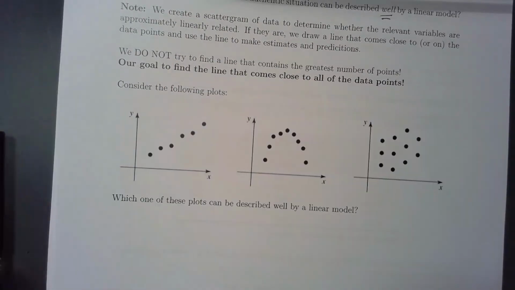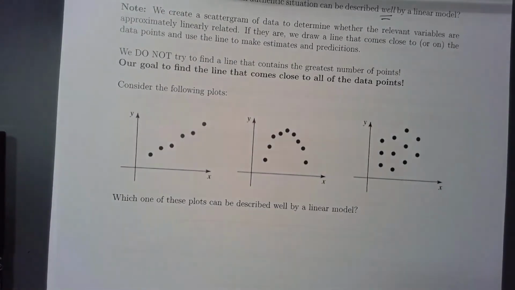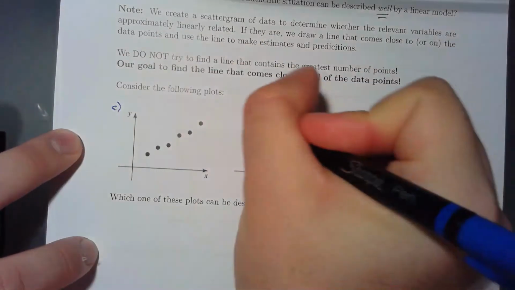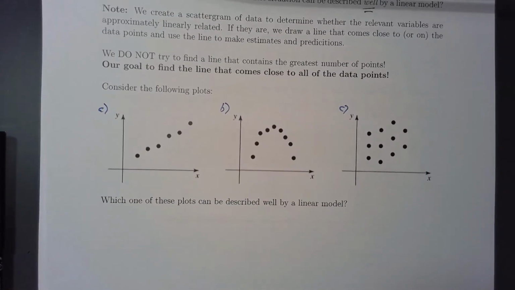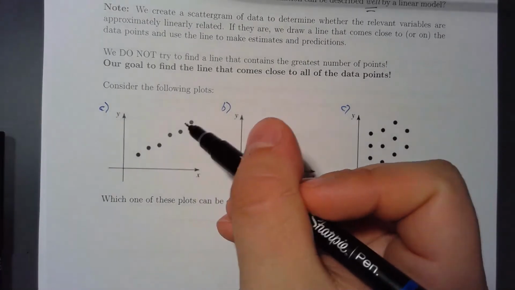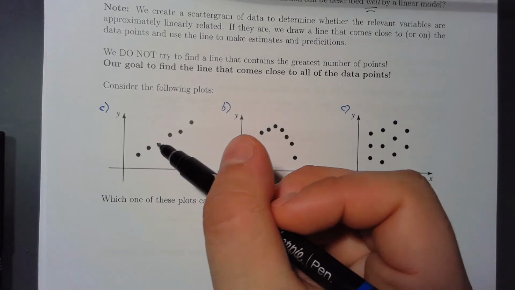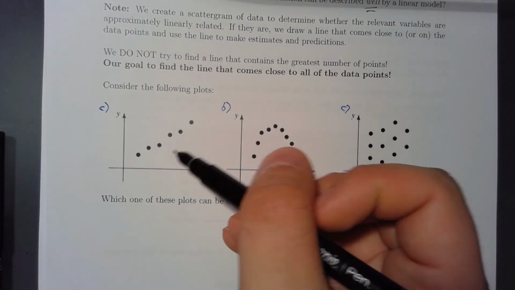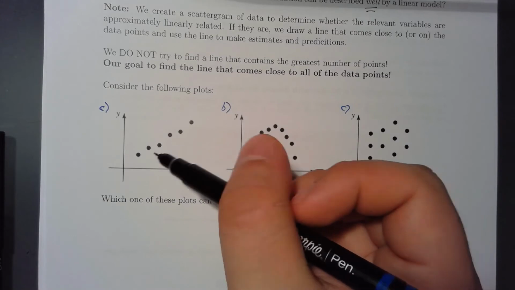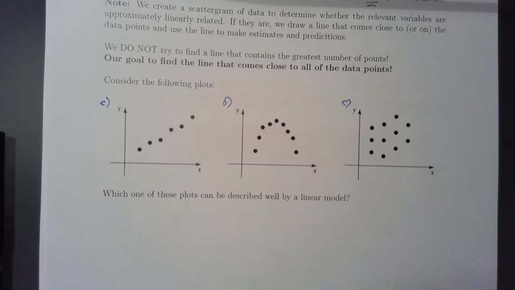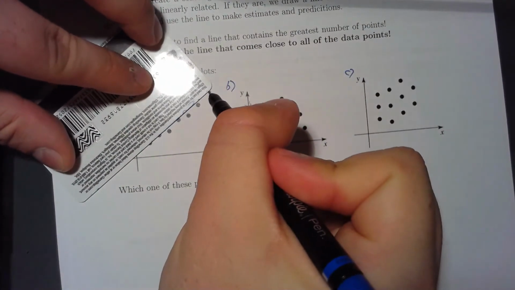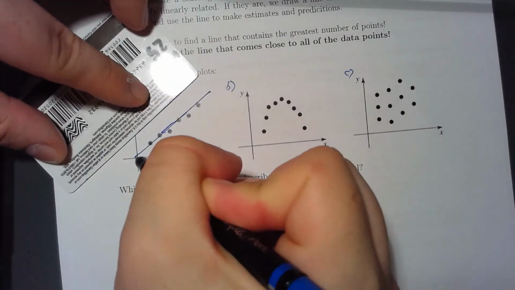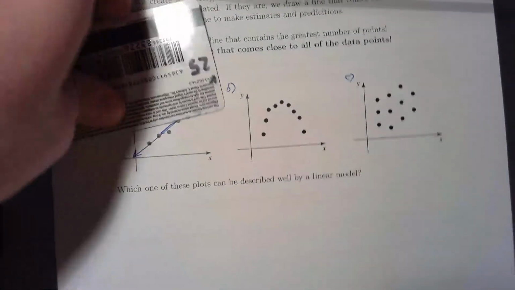So if I look at these three different plots here, this is plot A, B, and C, right? Well, it should be pretty obvious that plot A is a pretty good linear model because the data is pretty close to being a line. So if I were to draw a line through here, my line could look like this. That's represented pretty well by a linear model.